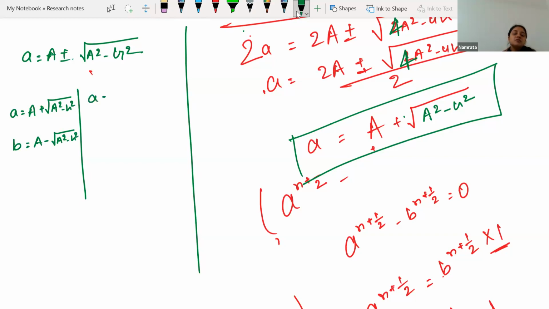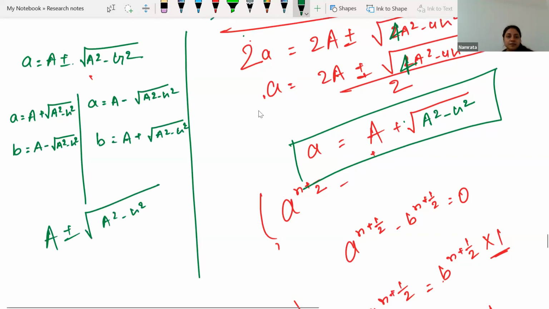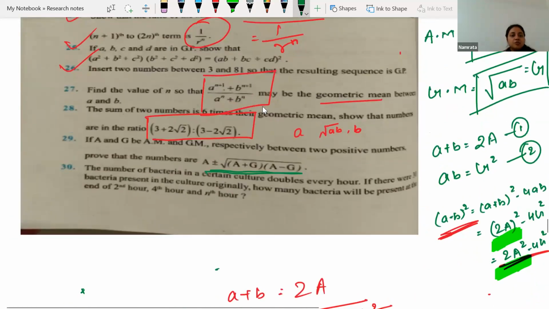And if you solve by taking a equals A minus root A square minus G square, then definitely the b value will be A plus root A square minus G square. So eventually you will say that both the values of a and b are A plus minus under root A square minus G square. Check it. Prove that the numbers are this. Can you see?